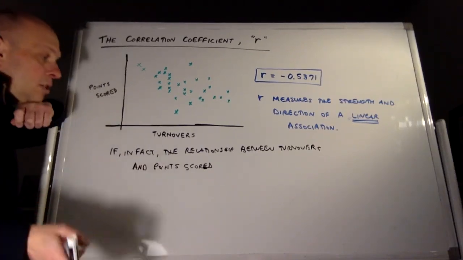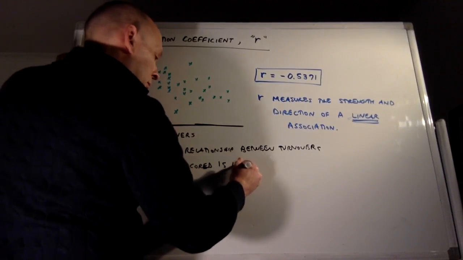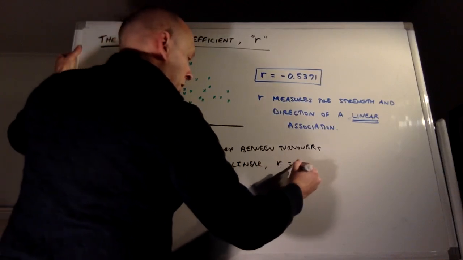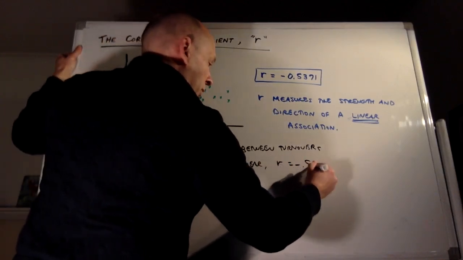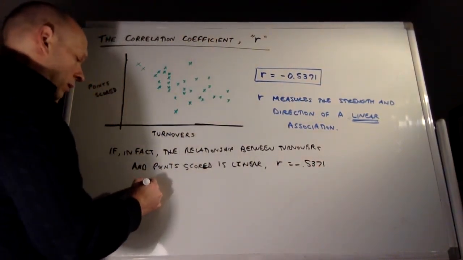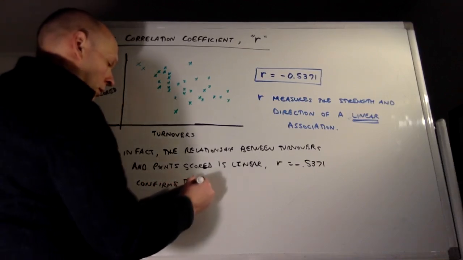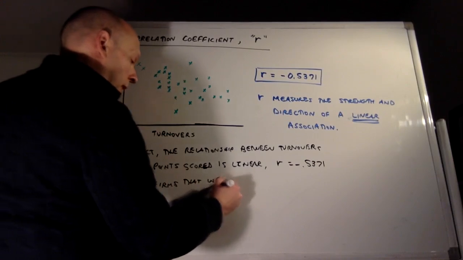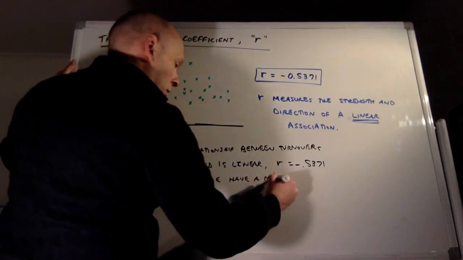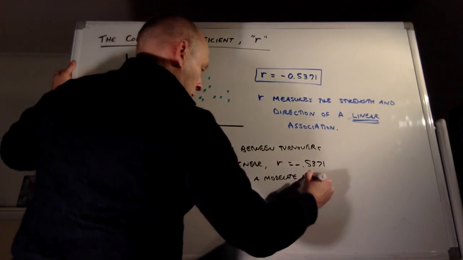But if in fact the relationship between turnovers and points scored is linear, this correlation coefficient value that we're getting, -0.5371, confirms that we have a moderate negative association.